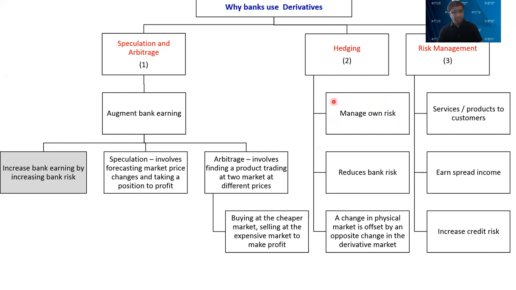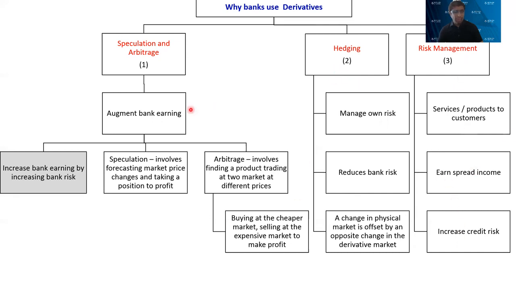So it's a price risk, and hedging reduces bank risk. A change in the physical market is compensated or offset by an opposite change in the derivative market. Risk management is when the bank buys and sells both of them.